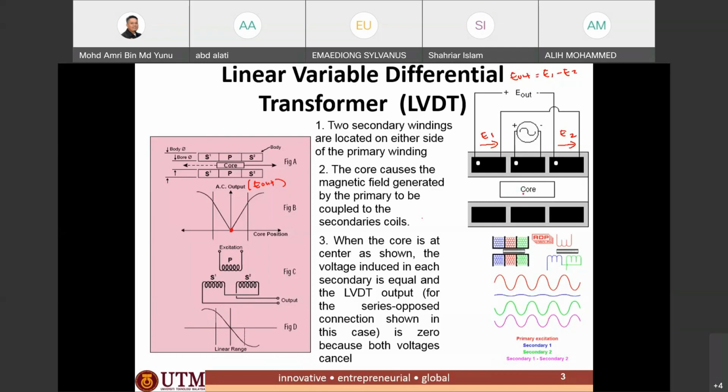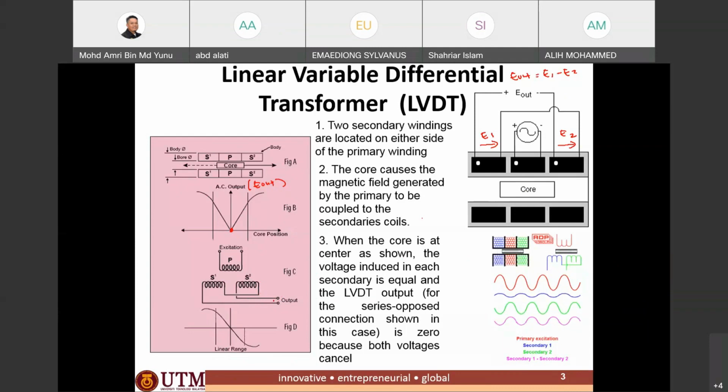The core is linked to the object whose displacement we want to measure. On each side of the primary, there is a set of secondary windings, and the secondary windings connection is shown as in figure C on the left here.